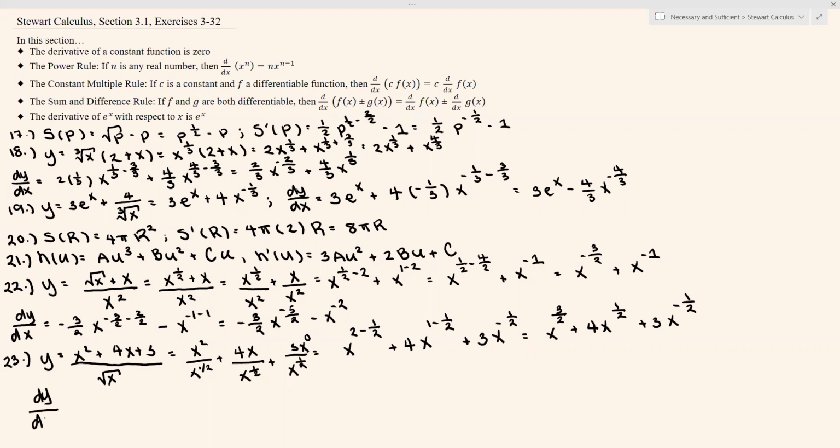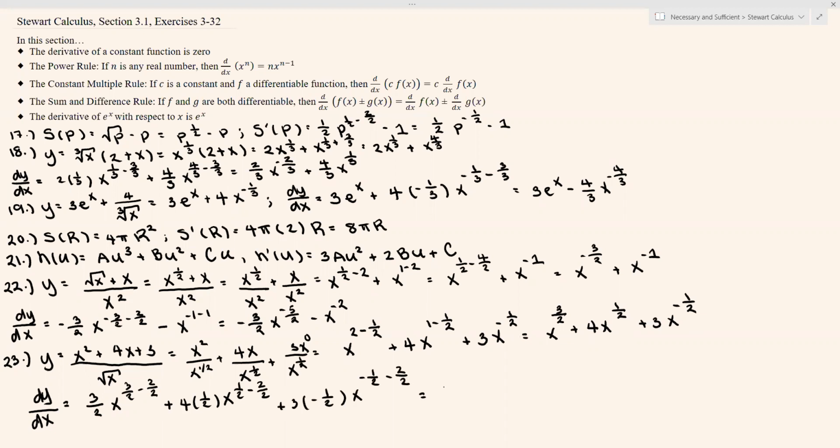So we have dy/dx is equal to 3/2 x to the 3 over 2 minus 2 over 2, plus 4 times 1/2 x to the 1/2 minus 2 over 2, plus 3 times negative 1/2 x to the minus 1/2 minus 2 over 2.